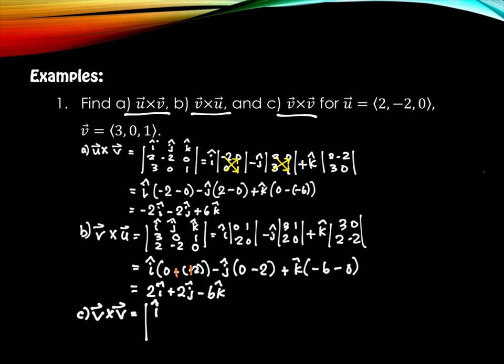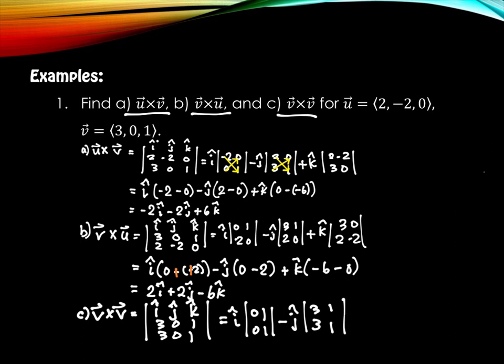So we have I, J, K. But V is 301, so it gets listed twice. 301, 301. So we have I, and then we have 0101 minus J, which is 3311. Plus K, which is 3030.